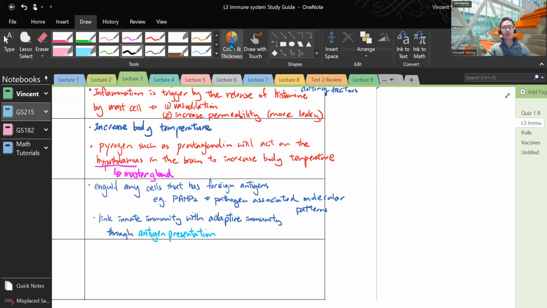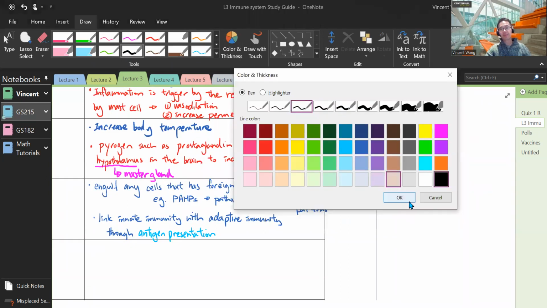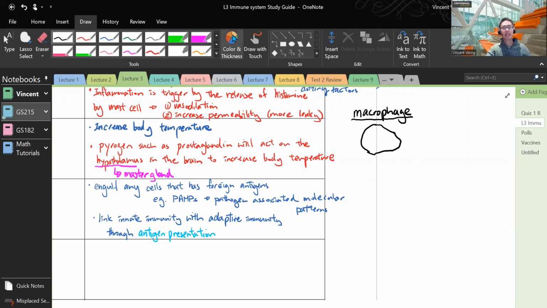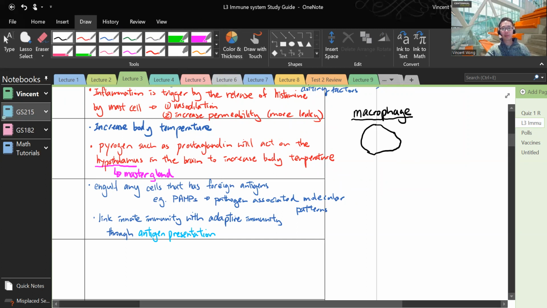All right. So there we have a phagocyte. Okay, and we will use a macrophage as an example, because neutrophils cannot do this. Macrophages can do that. And here we have a macrophage, and then we're going to have some bacteria here.